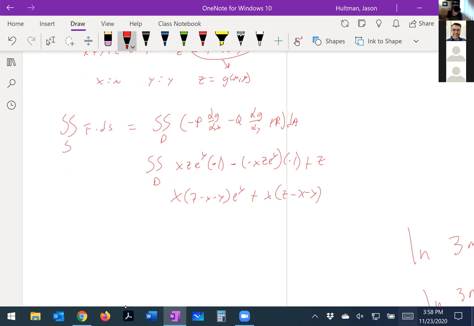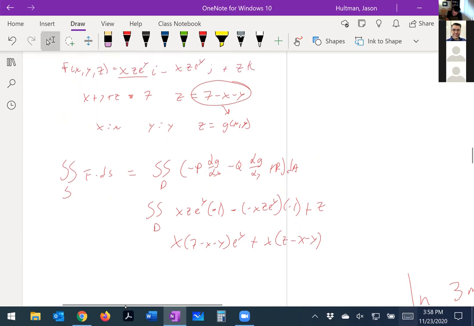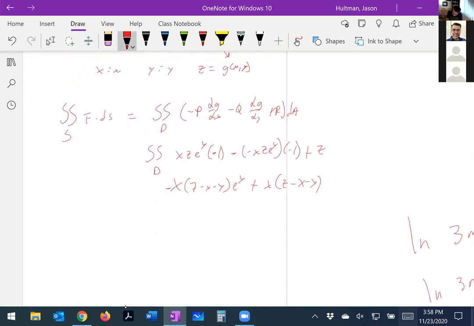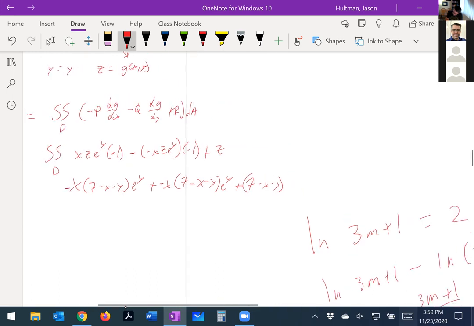Let me make sure I have my negatives correct. These are all negatives. Okay, and then e to the y plus z, which is just 7 minus x minus y, dy dx.